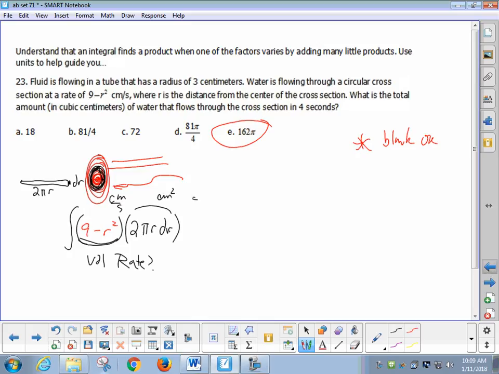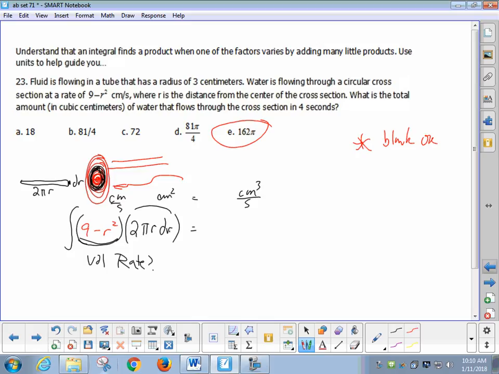So overall, this is going to be a rate at which the volume of water passes through over any time frame. Now let's talk a little more details. The limits of integration, what are they? 0 to 3, 0 to 4.